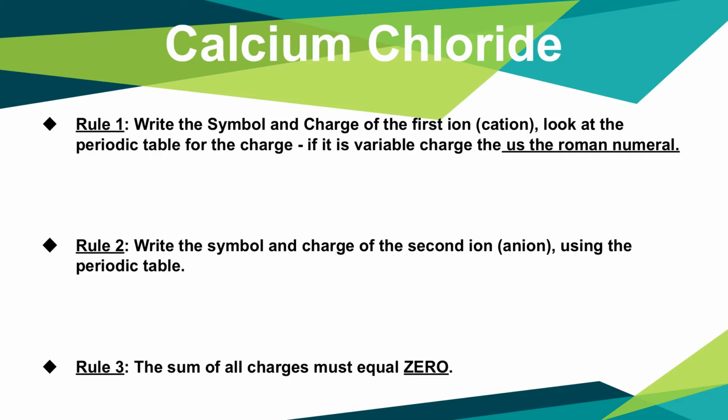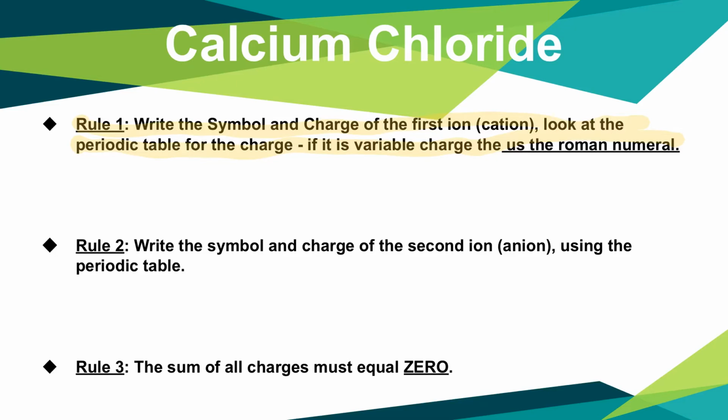So for calcium chloride, rule 1, write the symbol and charge of the first ion, then look at the periodic table for the charge. If it's variable charge, use the Roman numeral.